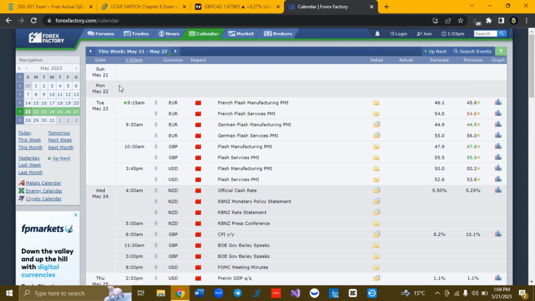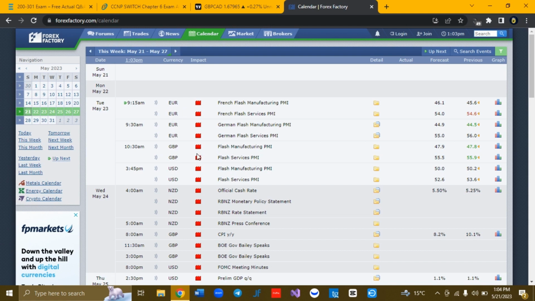Okay, so as you can see here, Monday we have no events. No high impact events, to be correct, on Monday. And then here on Tuesday we have euro PMI, so you would want to expect huge volatility on pairs with euro, either as a base or a quote.